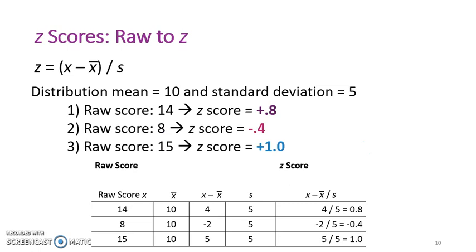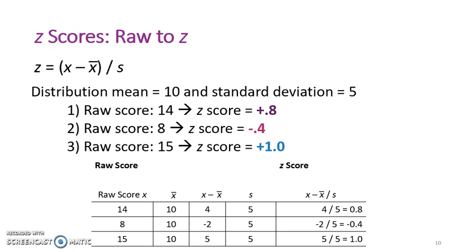Here are the calculations for these 3 z-scores. I start with my distribution mean, sample mean, which is 10, and the standard deviation is 5. If you look in the table on the bottom, I've shown the calculations for each score. I take the raw score, I subtract the mean, I get a deviation. Here, the deviation column is 4, -2, and 5.